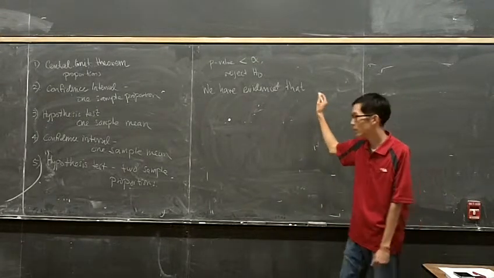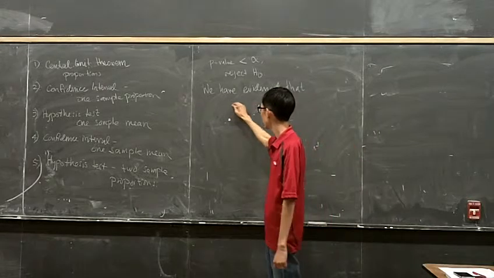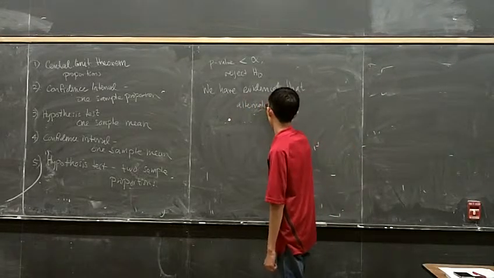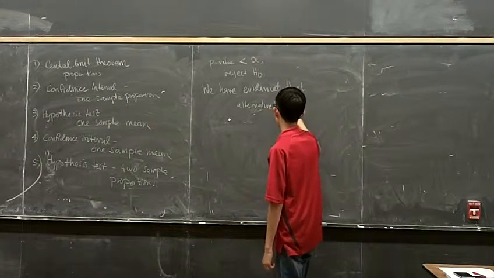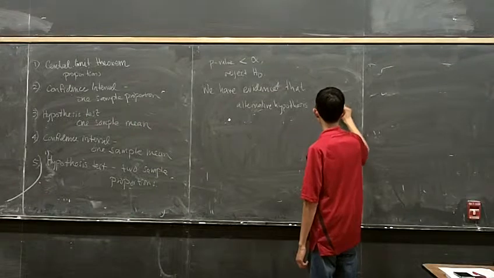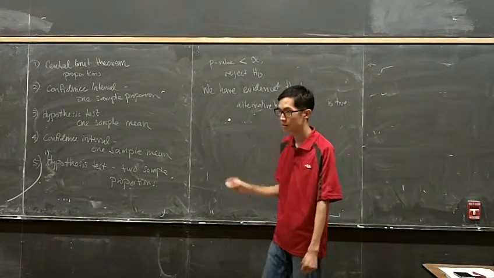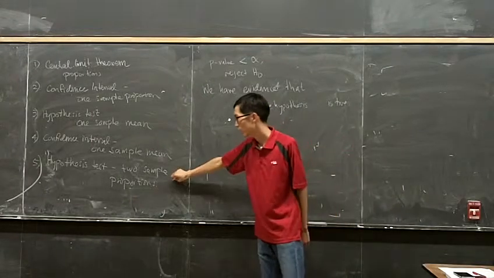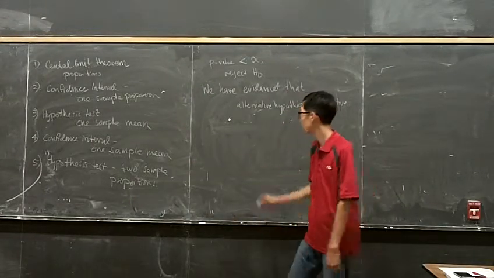So you say, we have evidence that, okay, whatever the alternative hypothesis says is true, okay? So you might say we have evidence that there is a difference in proportions if it was a hypothesis test for two sample proportions, okay?